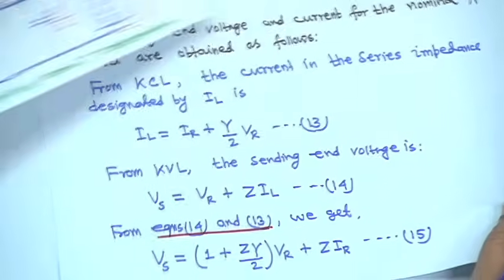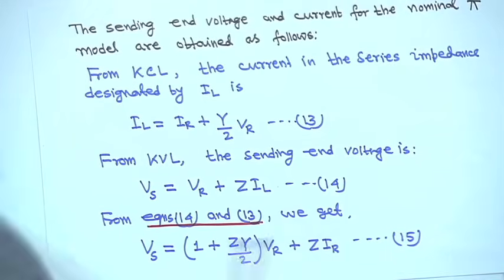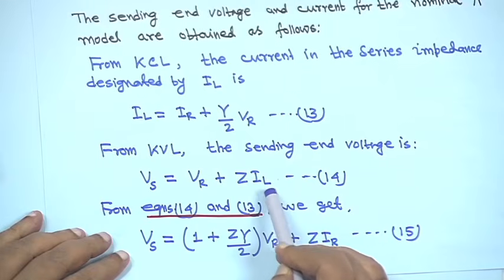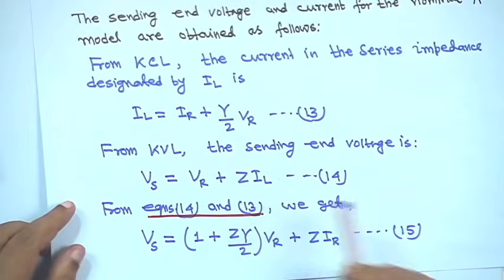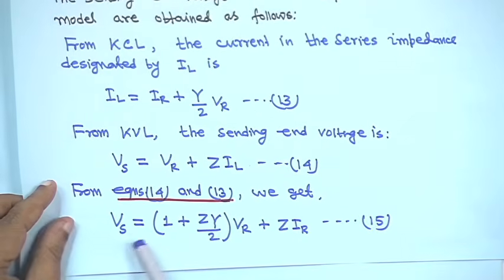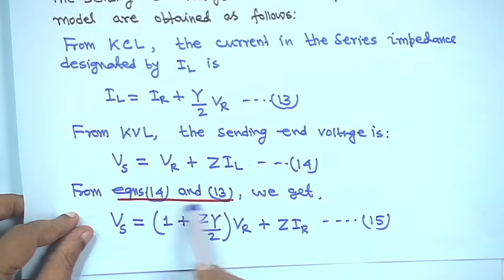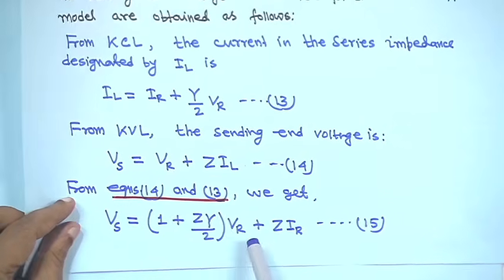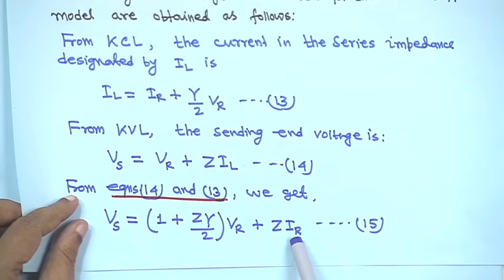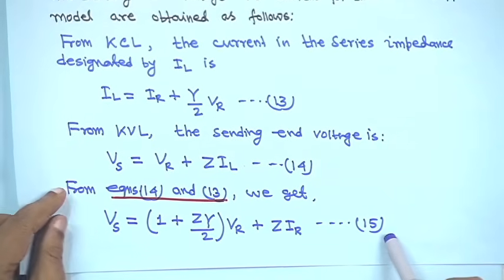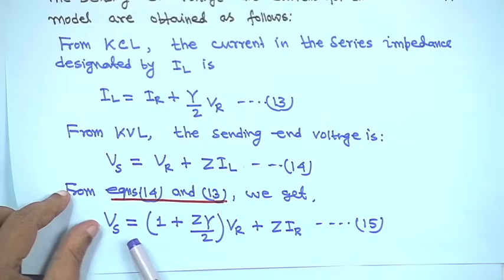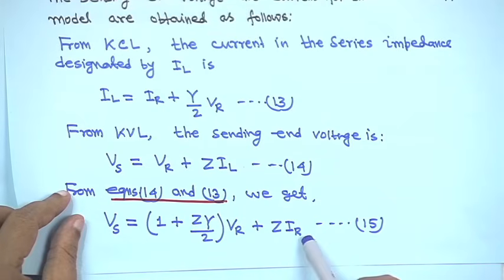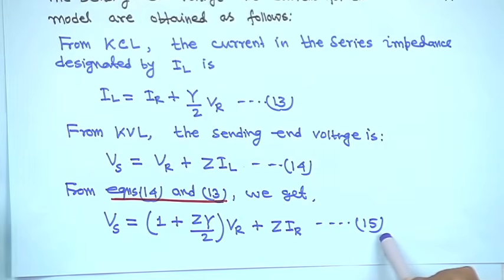Now substitute the expression for IL here. From equations 14 and 13, we get Vs is equal to 1 plus ZY upon 2 times Vr plus Z into IR. This is equation 15, the relationship of the sending end voltage with Vr and IR.